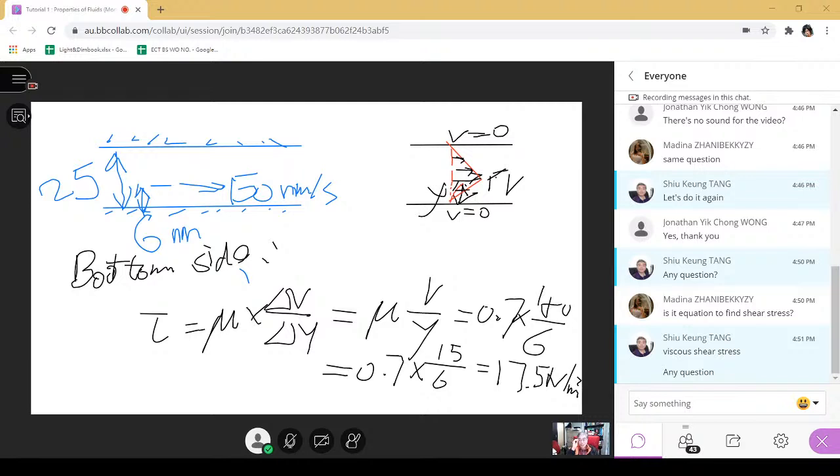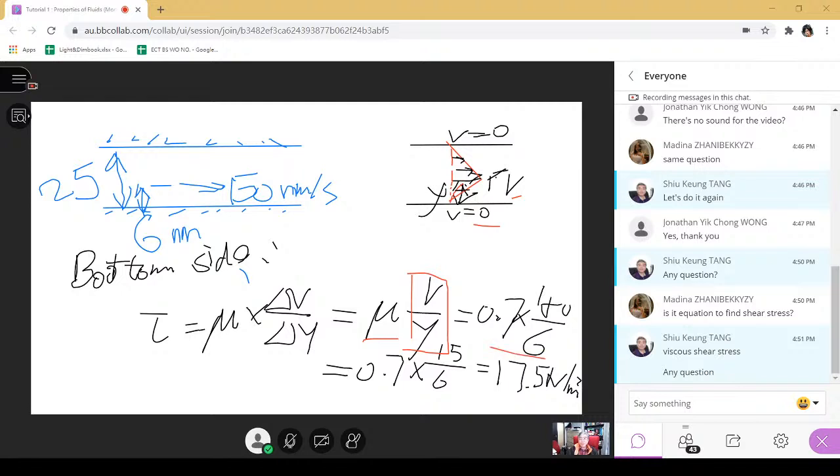So far so good. It's really not so difficult. This is the lower side. We have the stress equal to mu and the velocity gradient, which is V minus 0, giving V divided by the separation. For the bottom side, the separation between this plate and the bottom plate is 6.